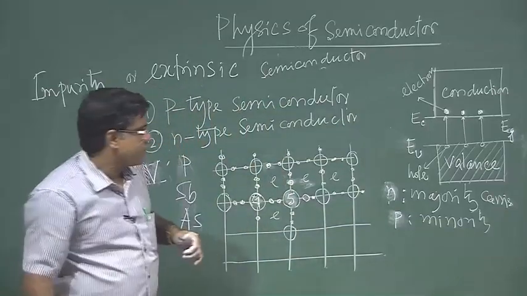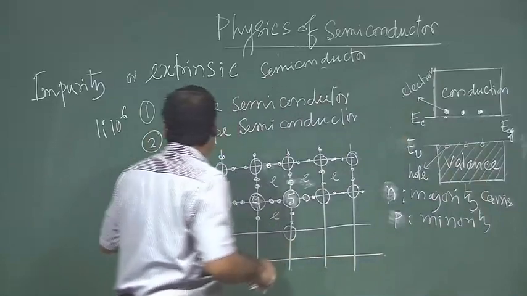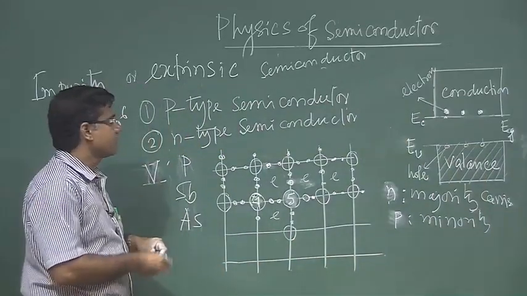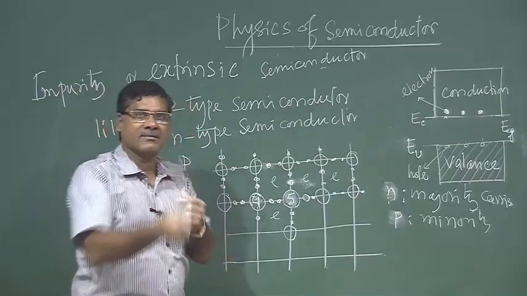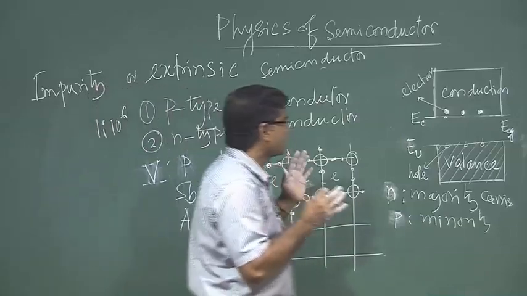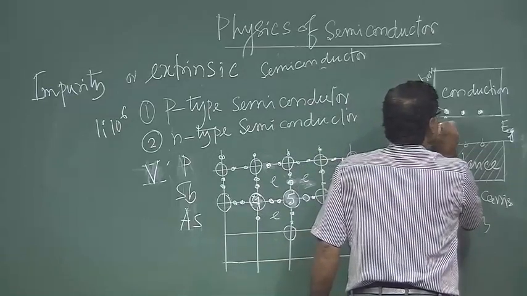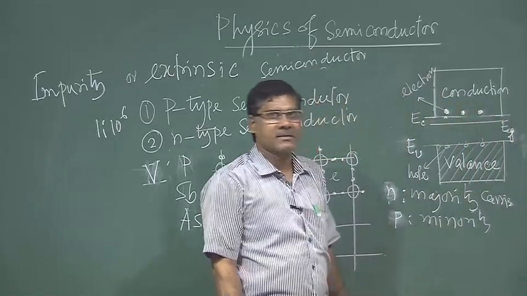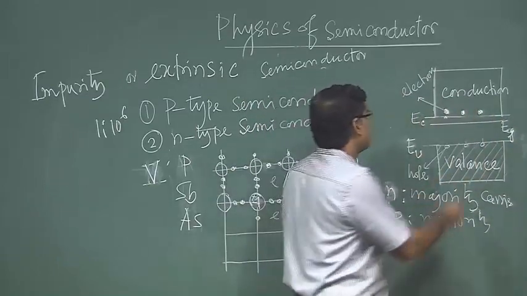Now, in this band structure, the dopant we are putting, whether trivalent or pentavalent, has an energy level from where it gives its valence electron. That energy level, the donor level, is generally below the conduction band but close to it.